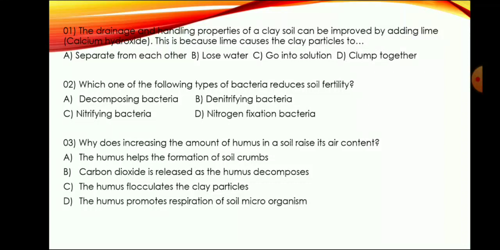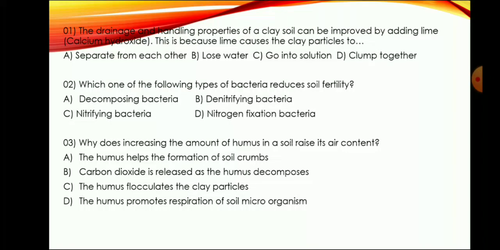Number third one, why does increasing the amount of humus in soil raise its air content? That means if soil becomes wet, then its air content capacity becomes more and more. The options are number A, the humus helps the formation of soil crumbs.